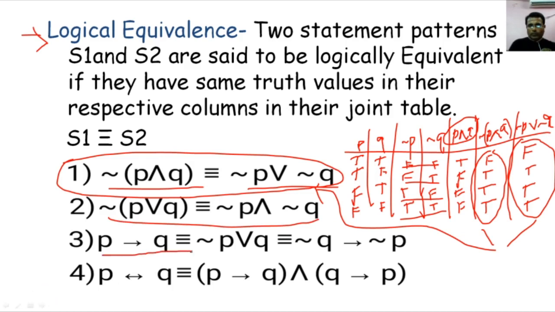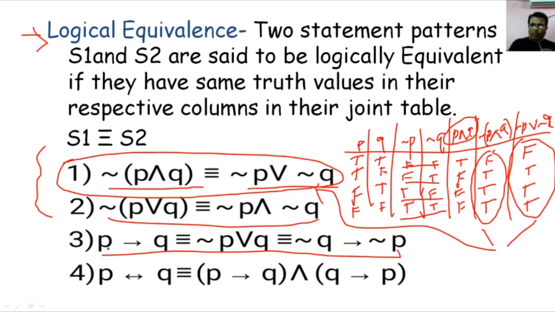Actually, these first two are called as De Morgan's laws. They are just similar to the properties of sets. Complement of A intersection B is equal to complement of A union complement of B, or complement of A union B is equal to complement of A intersection complement of B. So they are actually just like set properties, that's why they are called again De Morgan's law.